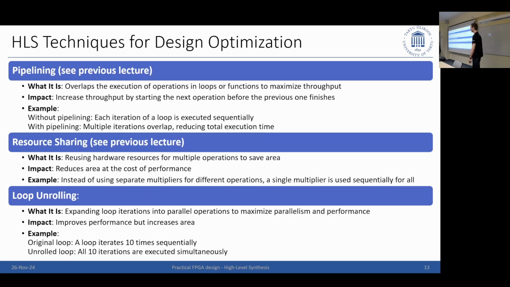Theme of design techniques, also just comprehensively on one slide. Pipelining, we know from the previous lecture, basically overlaps the execution of operations in loops or functions to maximize throughput. So without pipelining, we do each operation separately. We do the loop, finish the loop, next loop, finish the loop, next loop.